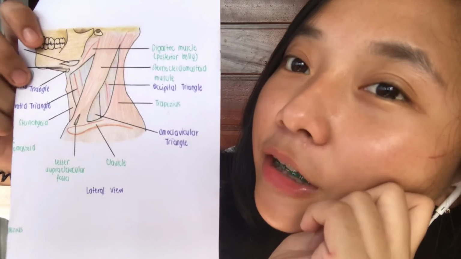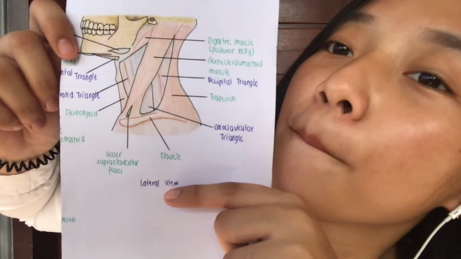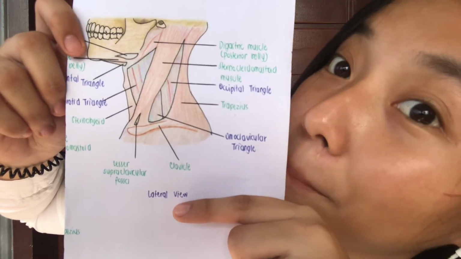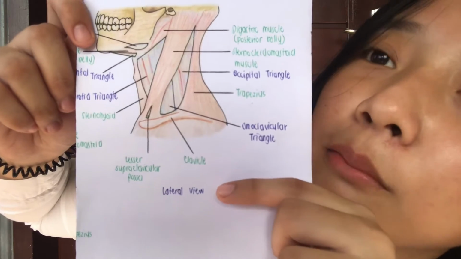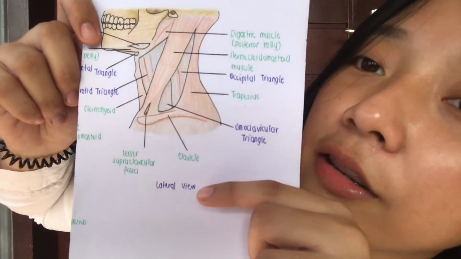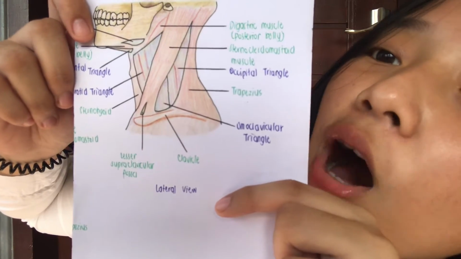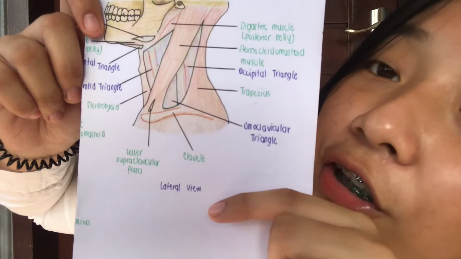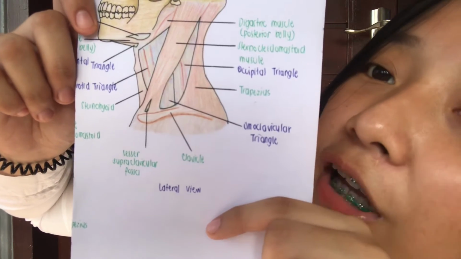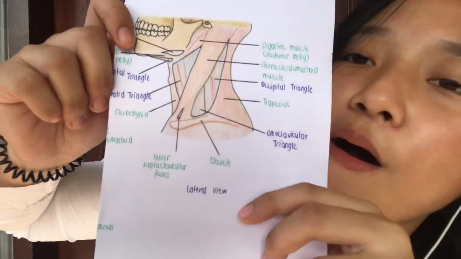The omoclavicular triangle is bounded anteriorly by the posterior border of the sternocleidomastoid muscle, and superiorly it is bounded by the inferior border of the inferior belly of the omohyoid muscle, and inferiorly it is bounded by the 1/3 of the clavicle.